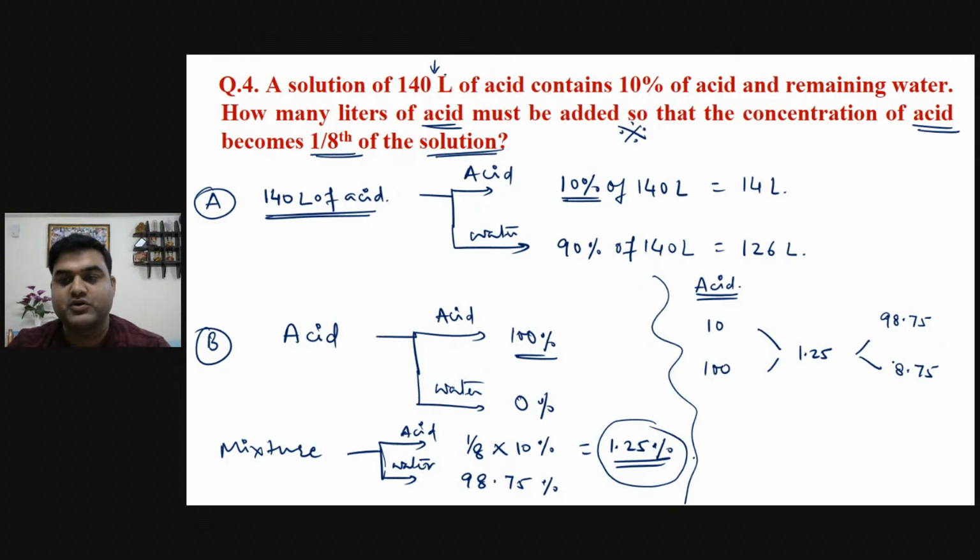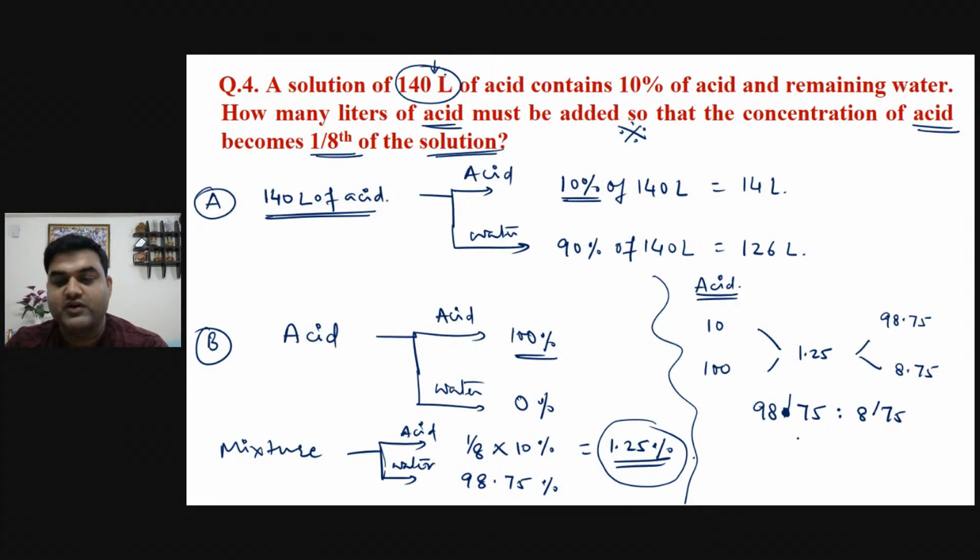So this will be the ratio. Now the ratio you have got, and what they are asking: this quantity is 140 liters, right? This first quantity, the 10% one, the ratio is 98.75 is to 8.75. So this and this get cancelled.